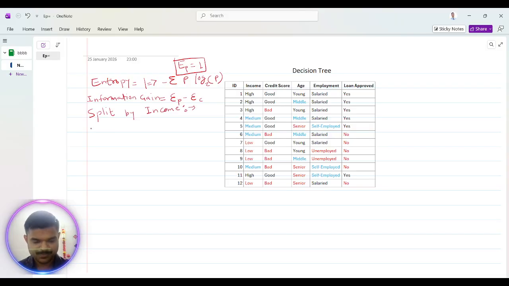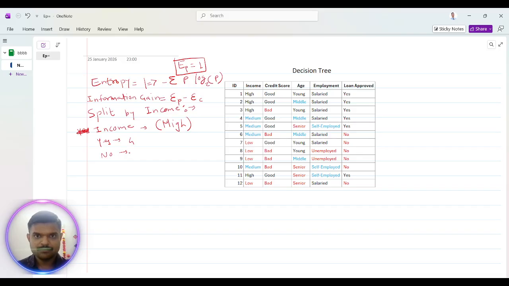Okay. So here in the income column, there are four high. So income is high, then yes are 4.